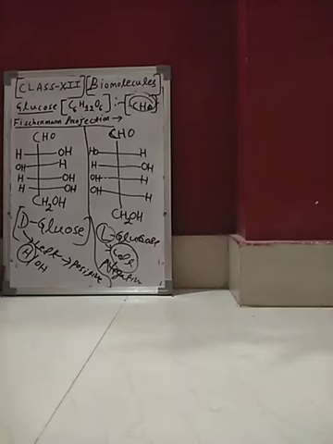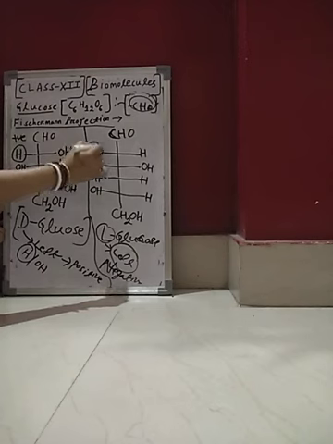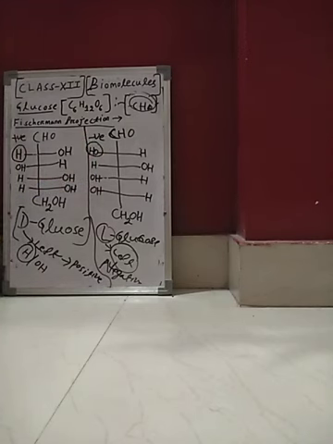So what is the key point in Fischer projection? For D-glucose you have to put the positive, and for L-glucose you have to put the negative. So this is one consideration for Fischer projection.